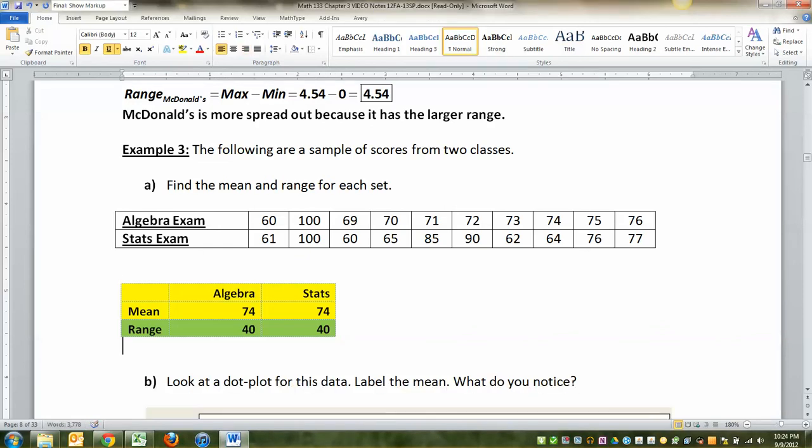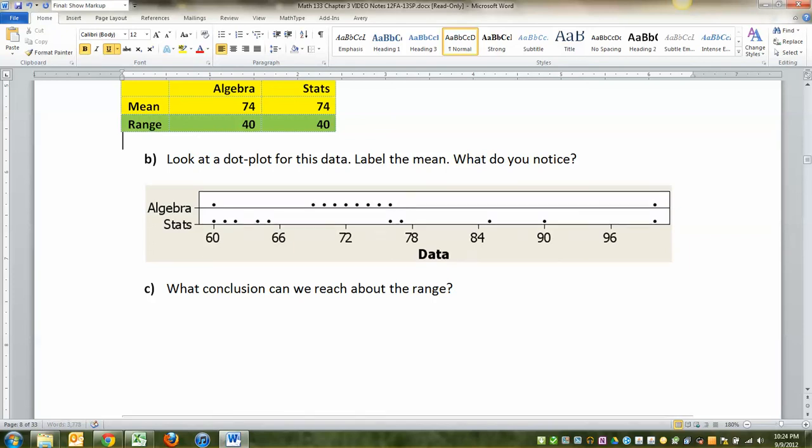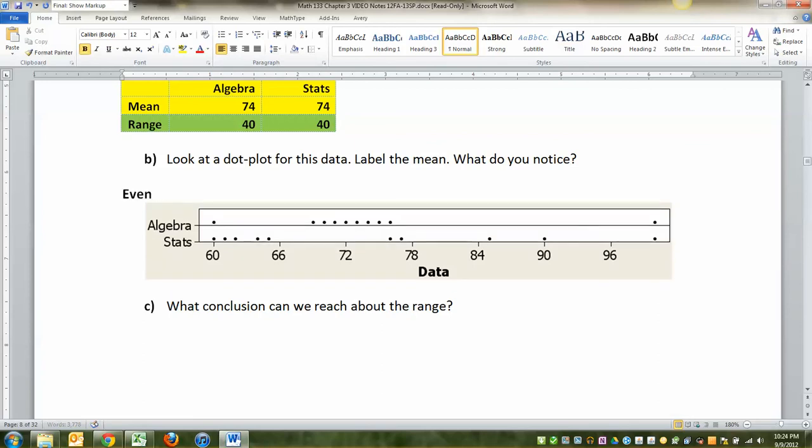All right, now let's look at a dot plot of that same data. What do you notice? Well, we found that they had the same range and the same mean, right? But are they really the same? Even though the data sets have the same center and range, they are very different from each other.